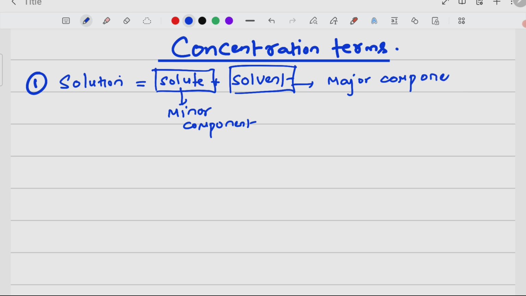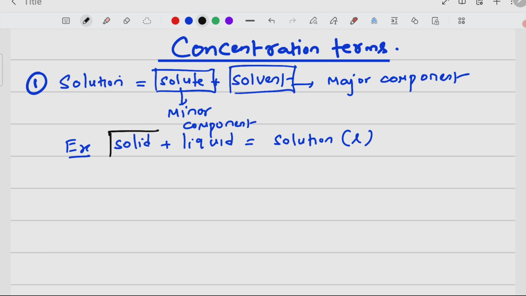Solute as well as solvent, the main difference. For example, if I take a solid as well as a liquid, which gives a solution whose physical state is liquid. Whenever we take a solid and a liquid, solid is the solute.